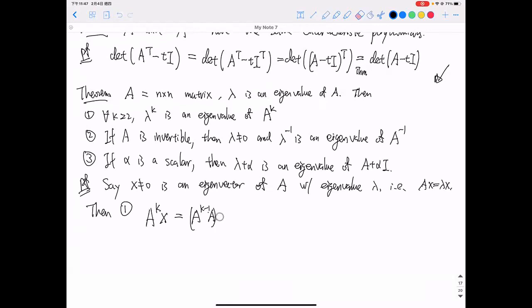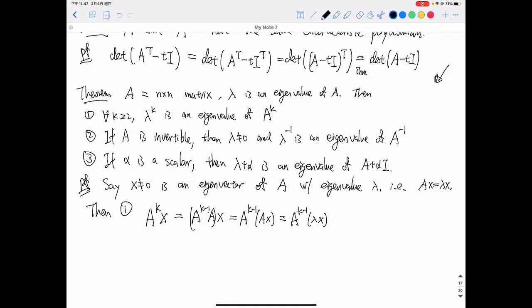The k power of A is the k minus first power of A times A. And then you use associativity of matrix multiplication to do this. Now Ax is lambda x, okay?